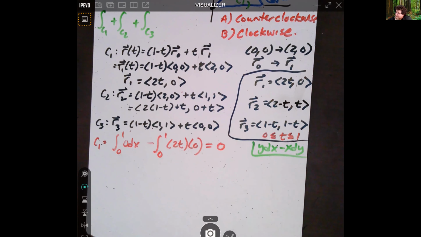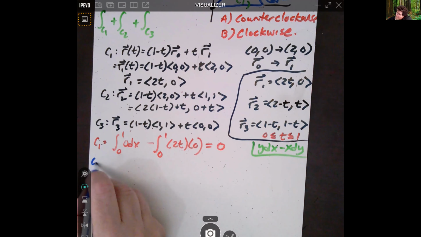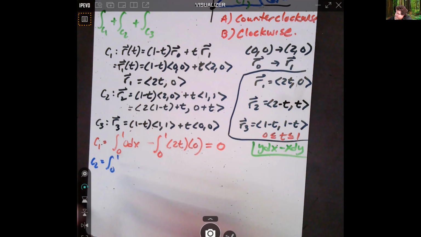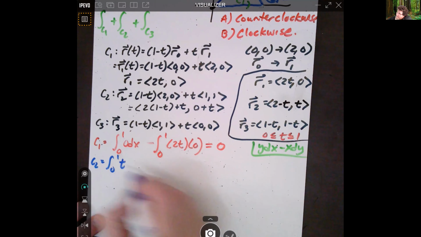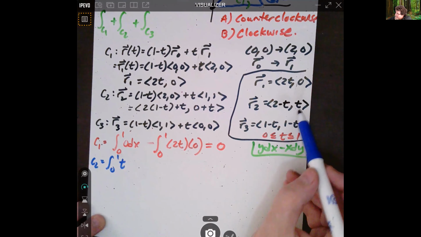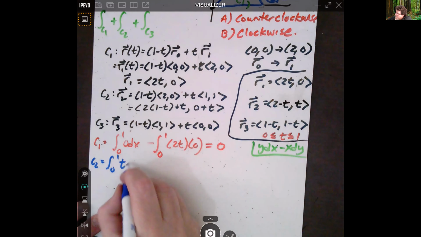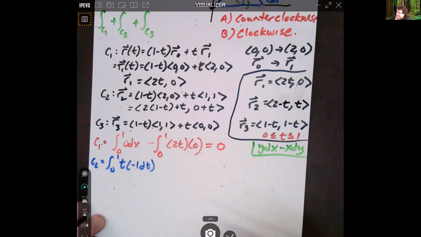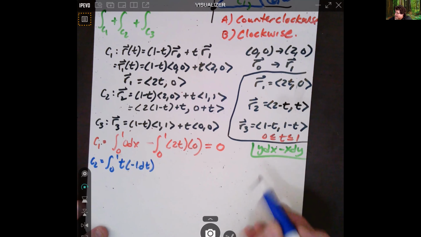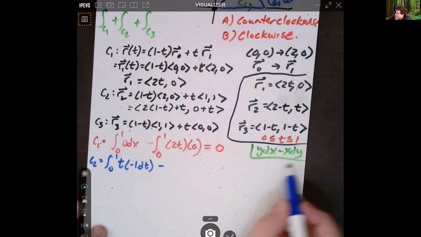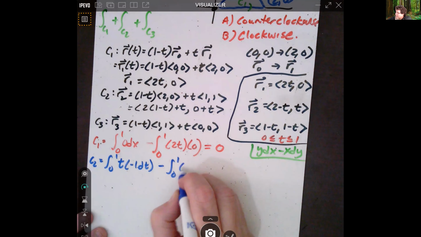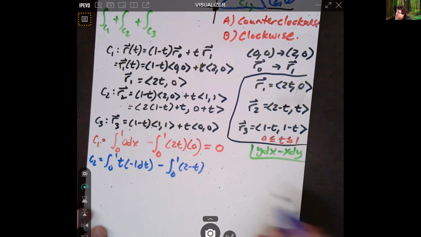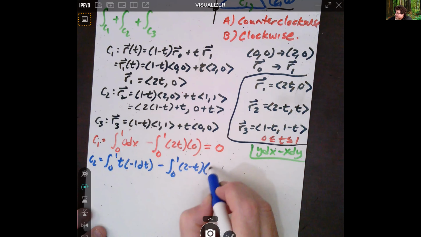If we look along curve 2, we've got 0 to 1. I need to do y. Y for R2 is t. Nice. And dx is going to be -1 dt. And then I've got minus the integral from 0 to 1 of x dy. I've got 2 minus t, and dy is just 1 here, so 1 dt.